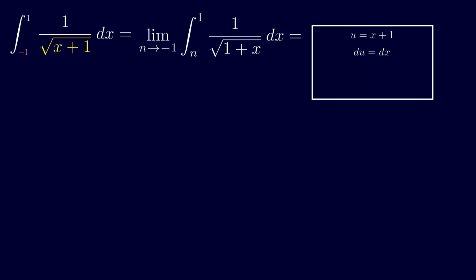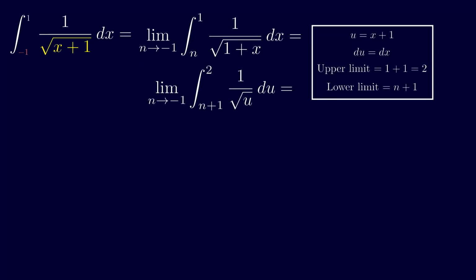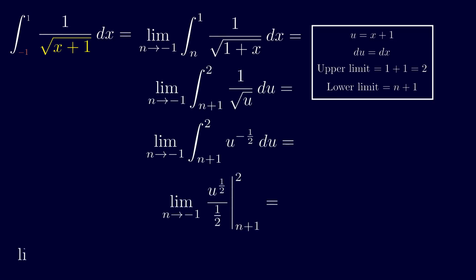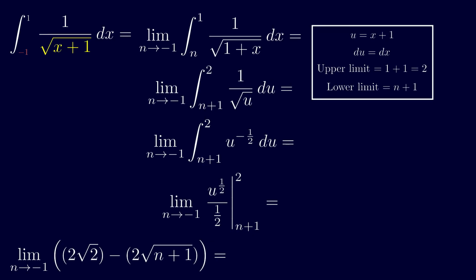Like many integrals, this can take a minute, so pause to make sure you got every step. After you integrate, you'll have just a regular limit, and it works exactly as you're used to limits working. That is, they can converge, they can diverge, and if it converges, that actually tells us the value of the integral.